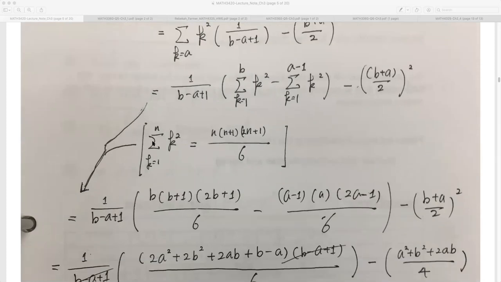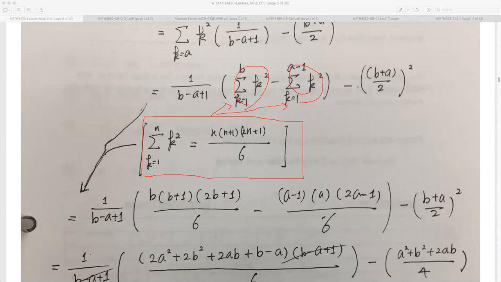In calculus, what we learned is this one, and you should find it in the calculus textbook. Applying this to each summation term, you get this, and then simplify it.